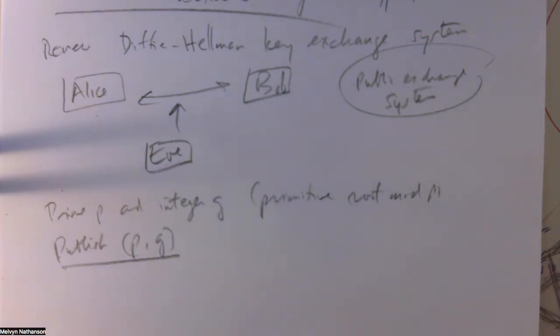Now, how do Alice and Bob communicate to each other the key that they're going to share, the number they're going to share, in a way that Eve, who intercepts every communication, can't figure out what it is? So Alice chooses a secret number a.